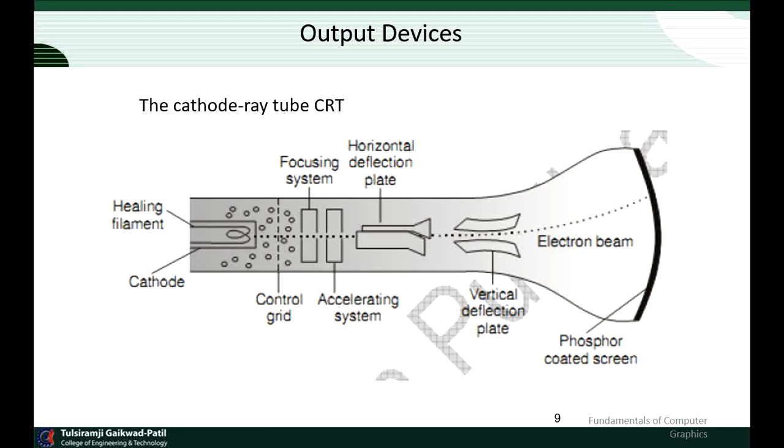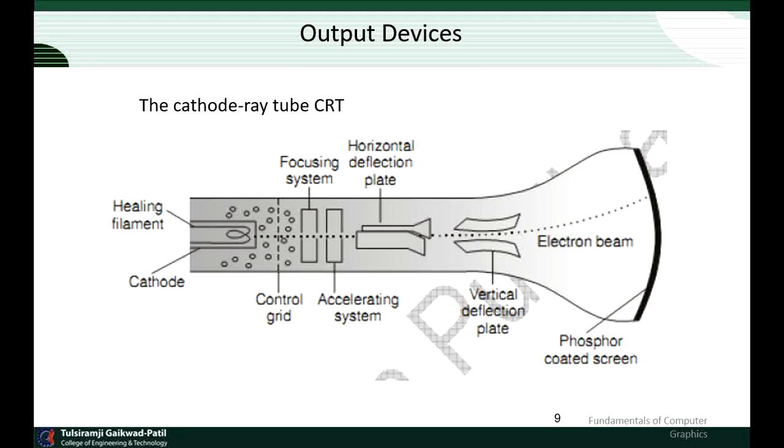Then the control grid, then the focusing system, then the accelerating system, horizontal deflection plates and vertical deflection plates are given here. Then the electron beam strikes the screen, and at the end, where the glass is available, there is the phosphor coated screen.